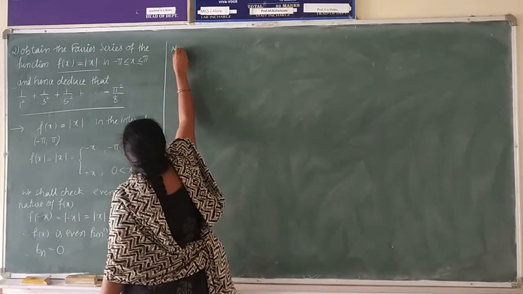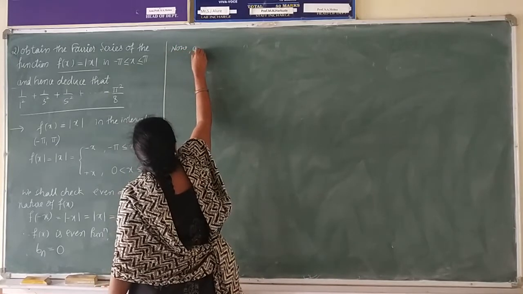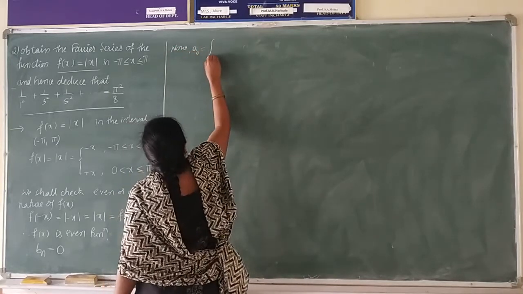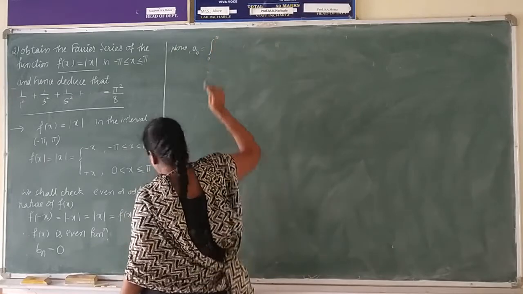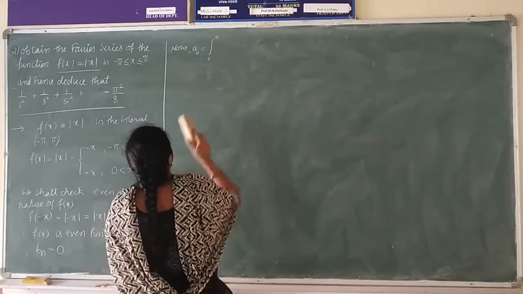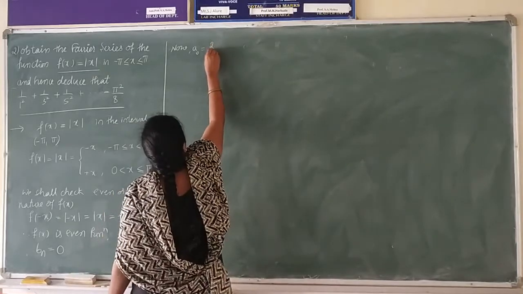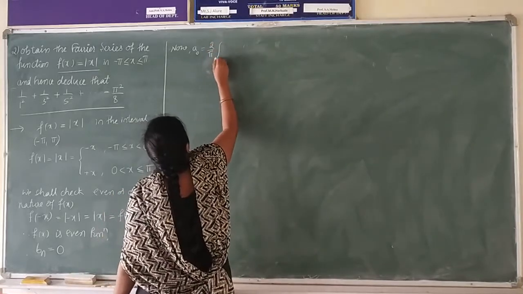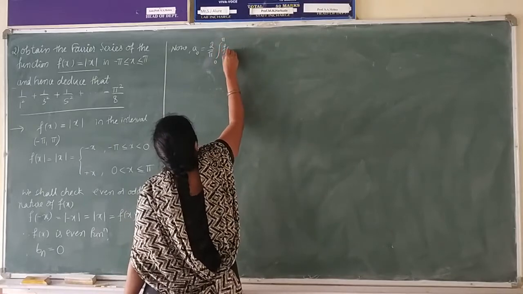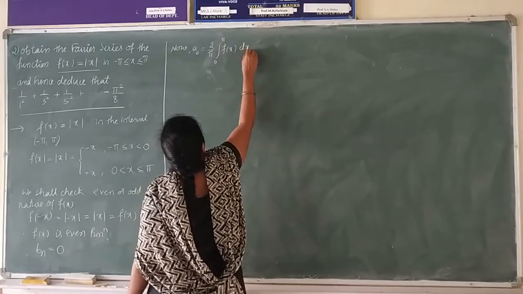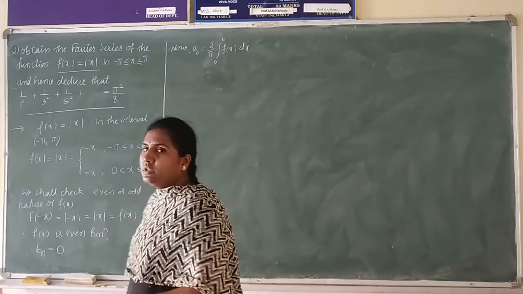a0 is equal to 2 by pi integration 0 to pi f of x dx. This is Euler's formula.